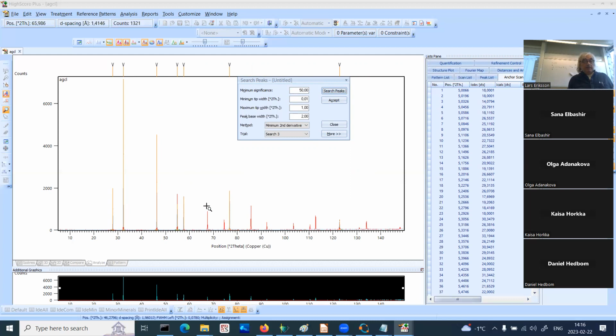This peak is significant, but depending on how this significance factor is chosen, maybe this needs to be changed, so as to get approximately a set of detected lines that you can believe in.